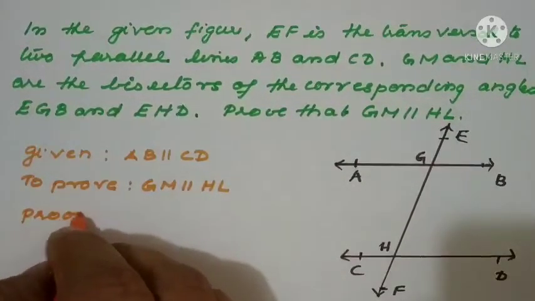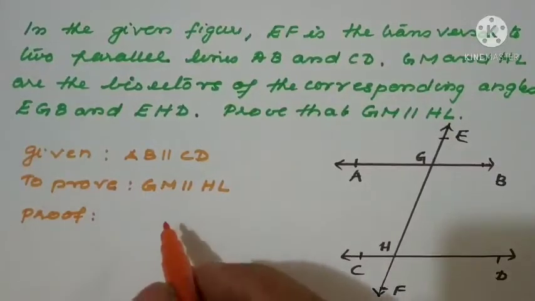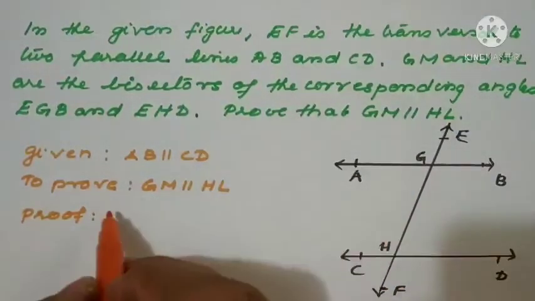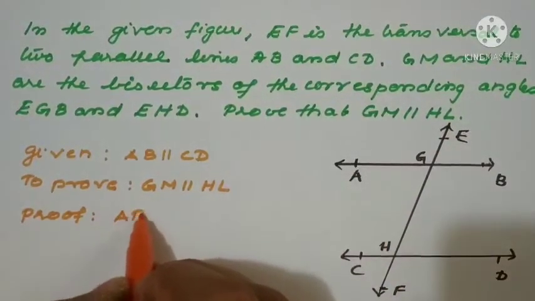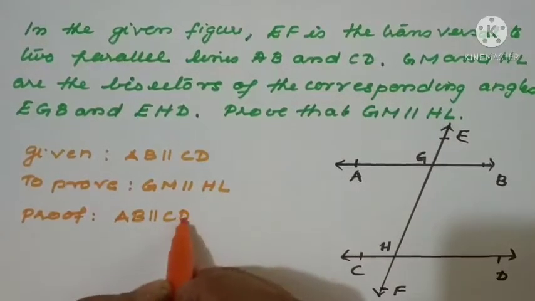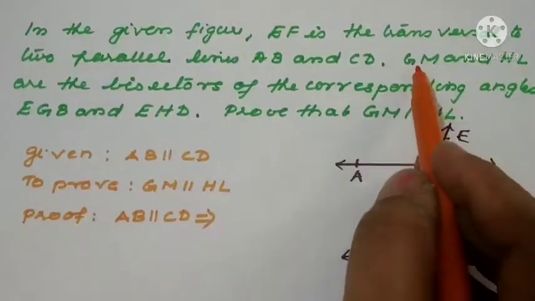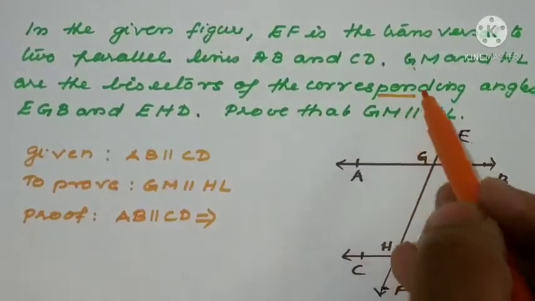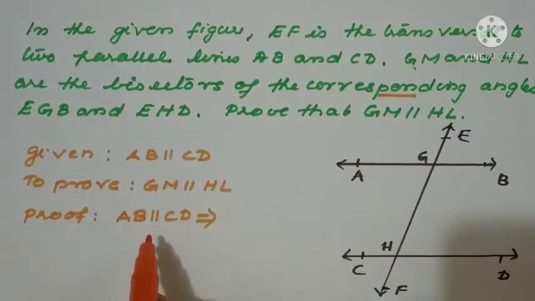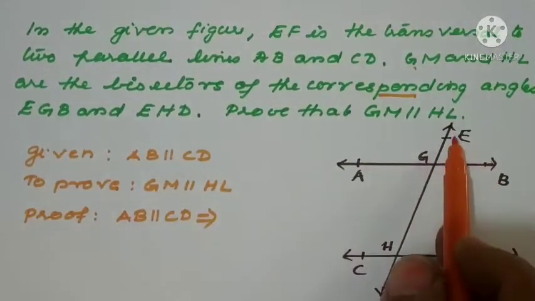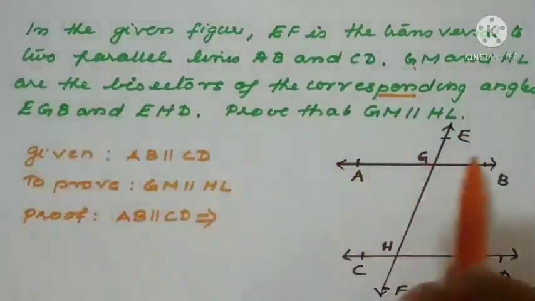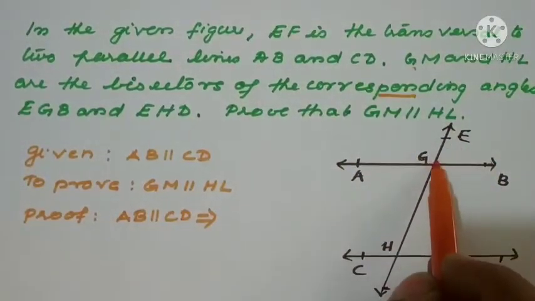Proof we can write. So what is given in the question? AB parallel to CD. This implies we can write that corresponding angles are equal, alternate interior angles are equal, co-interior angles are supplementary. Here the bisectors GM are for the corresponding angles, right? So AB parallel to CD means EGB is the corresponding angle they have taken for bisectors.